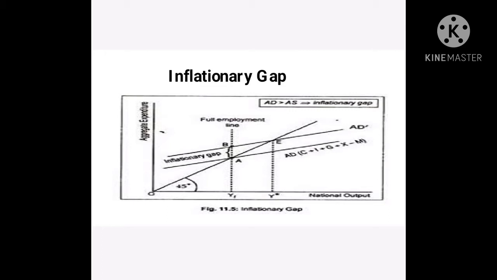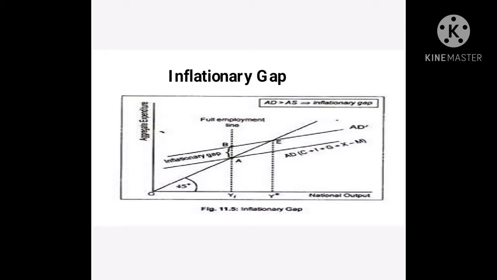This means that due to increase in investment and government expenditure, the money income increases, but production does not increase because of the limitations of productive capacity. As a result, an inflationary gap comes to exist, causing the prices to rise. The prices continue to rise so long as the inflationary gap exists.